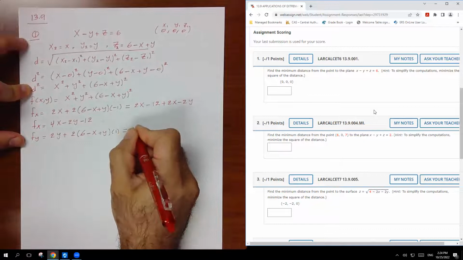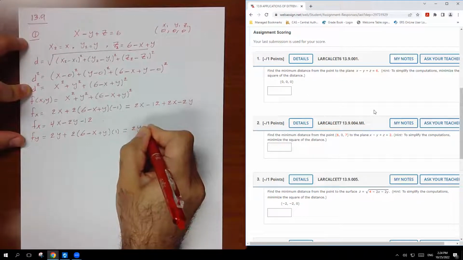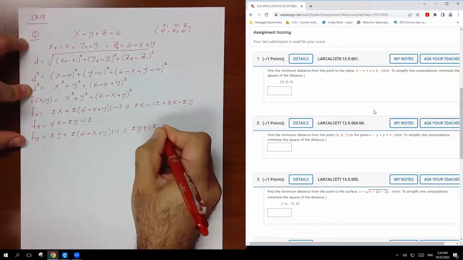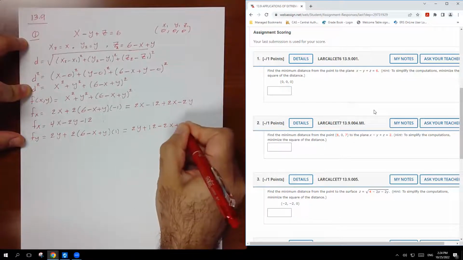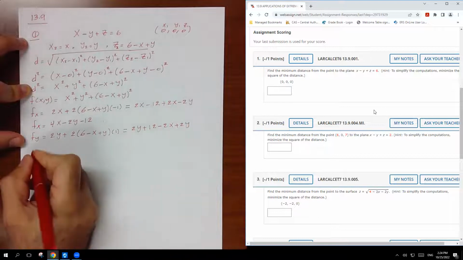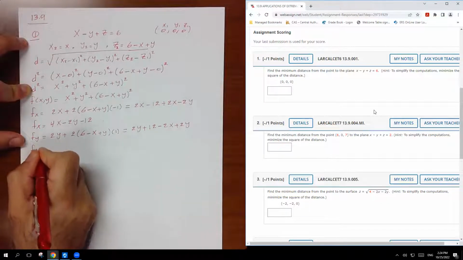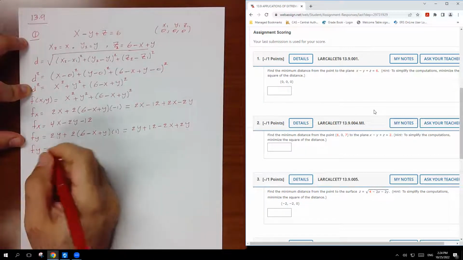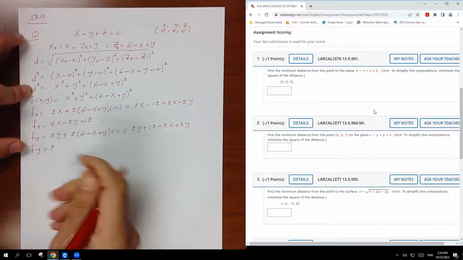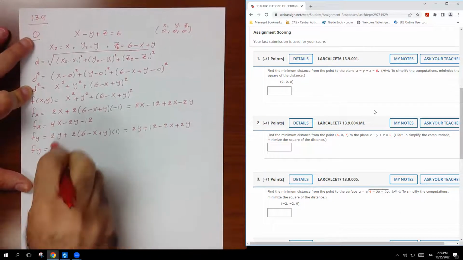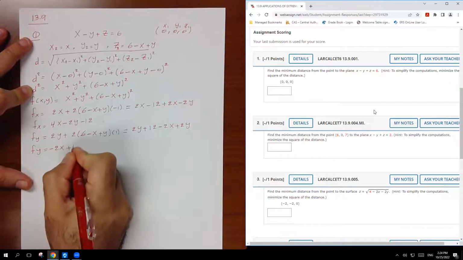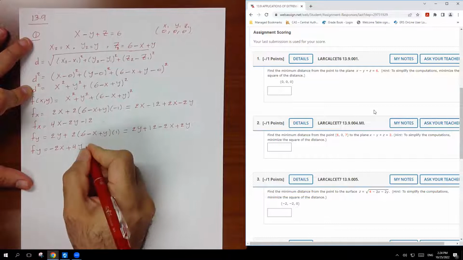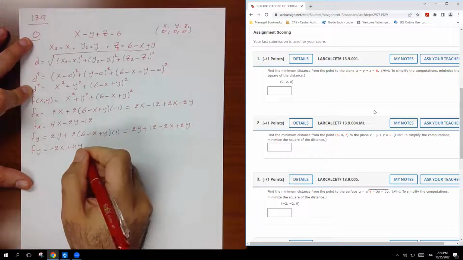And this one equals 2y plus 12 minus 2x plus 2y. Then combine the like terms. That means f sub y is going to be equal to, I'm going to write down the x first, so -2x plus 4y plus 12.